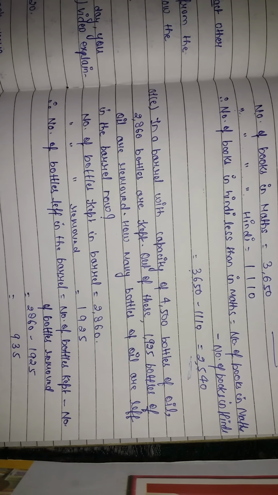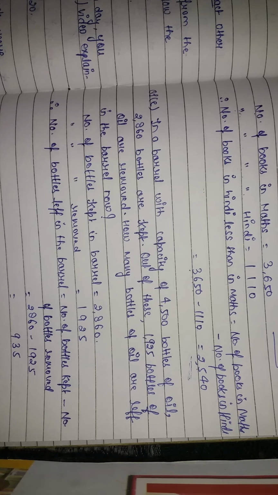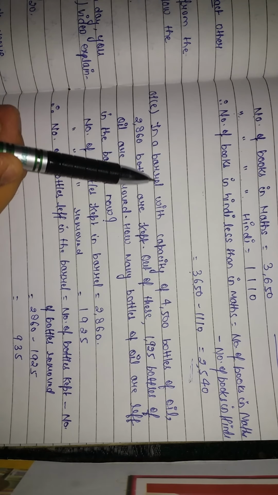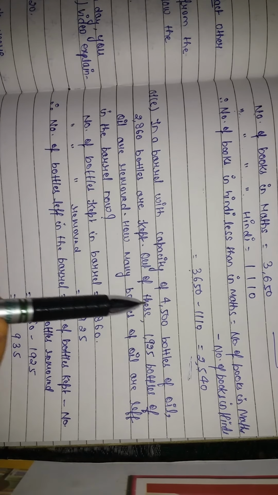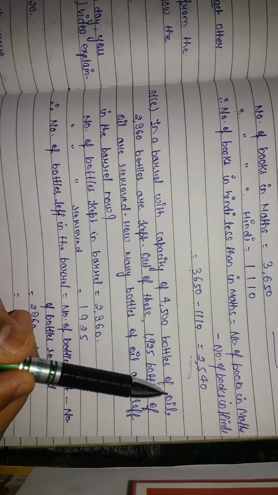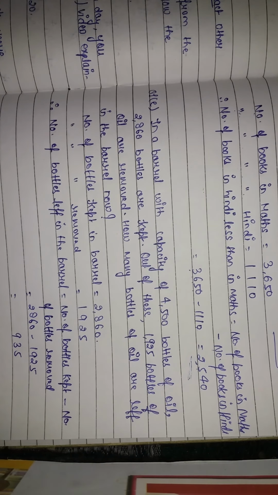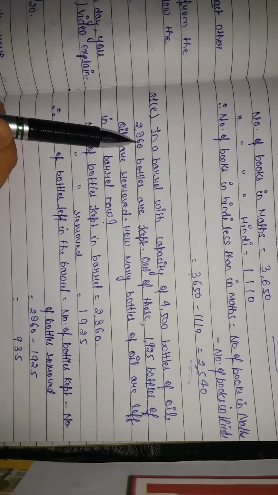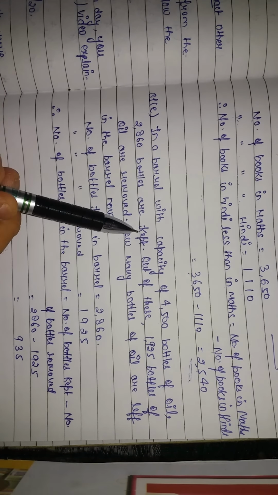Moving ahead, we have question number 1, E part. A barrel is a kind of container which is used for holding or keeping bottles, sometimes liquids as well. So in a barrel with capacity of 4,500 bottles of oil, means इस कंटेनर में आप मैक्स टू मैक्स 4,500 bottles of oil रख सकते हो. 2,860 bottles are kept.